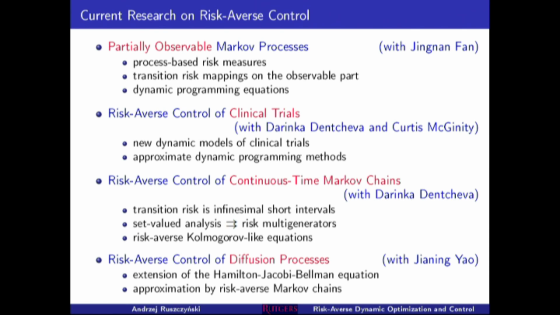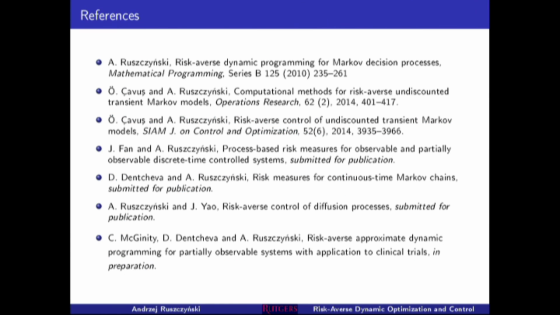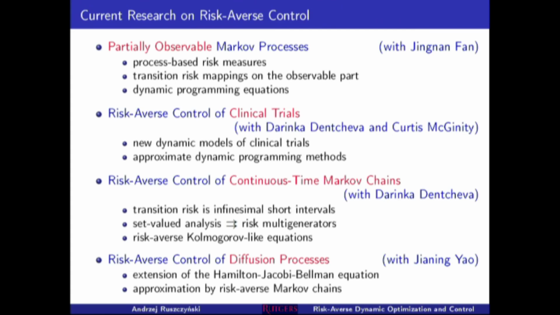Continuous time Markov chains on Thursday, okay, and diffusion processes. This was already yesterday, and I tried to allude to this today. And I have some references here, but I have no time to talk about this, so that's what I wanted to finish with. Thank you very much for the attention.